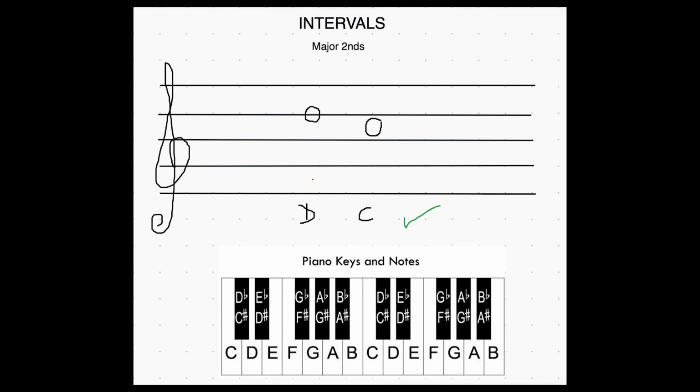Have a go at singing G to A upwards and understanding that is a major second going up. Have a go at singing E to F and understanding that isn't a major second, that's a minor second. I would need to go from E to the F sharp to get my major second happy sound.